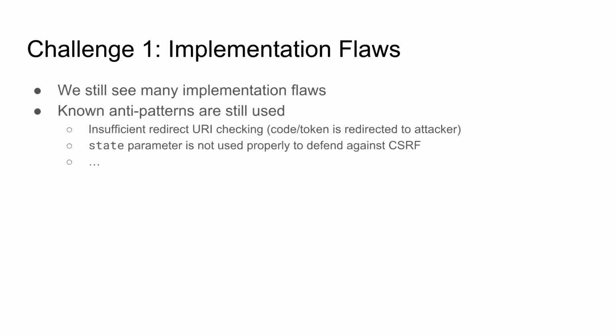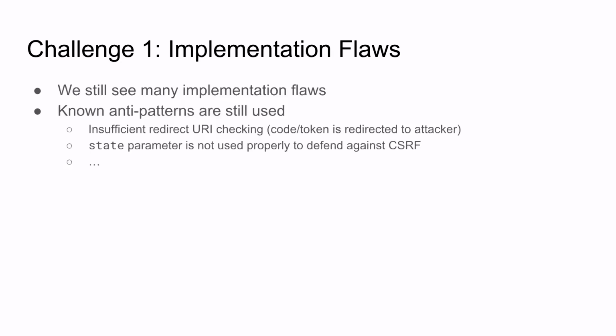Or the state parameter is not used properly. The state parameter is intended to protect against cross-site request forgery, and RFC 6749 and 6819 say you have to put a fresh random number there, and then check it when you get it back, and people are not really following that.